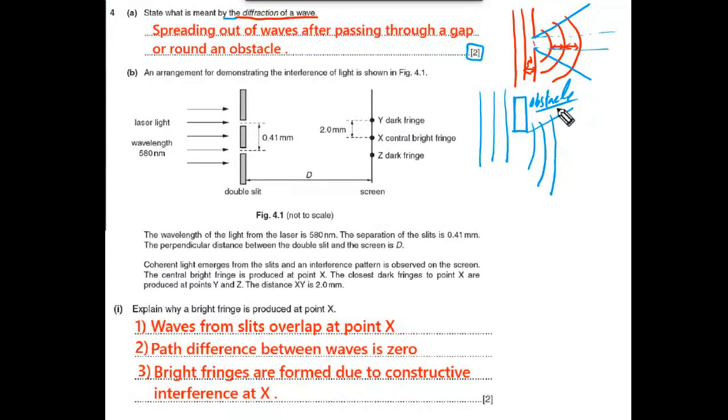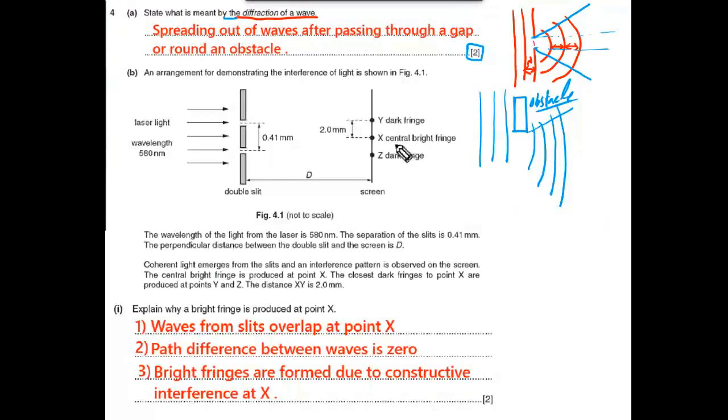You see, they are spreading this way. Okay, so this is what we need to understand: what is diffraction. You need to be able to define it. So this is how we can define what diffraction is.